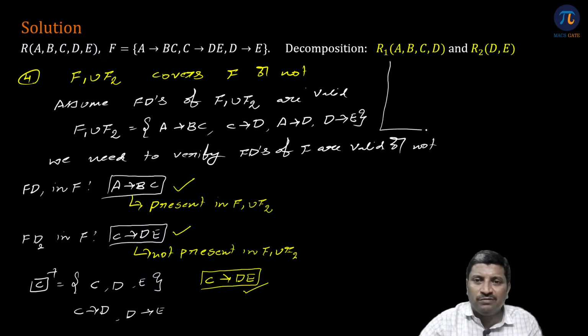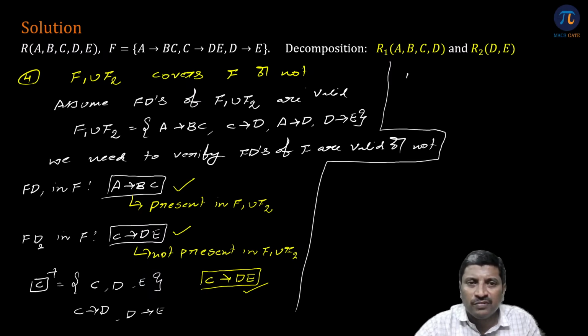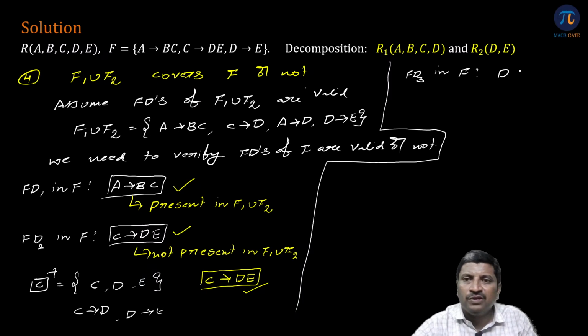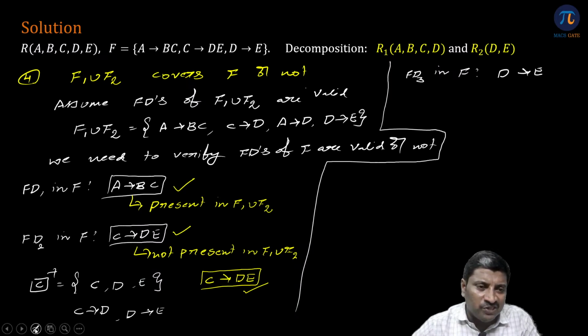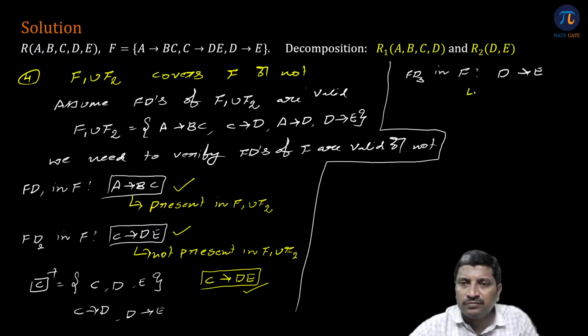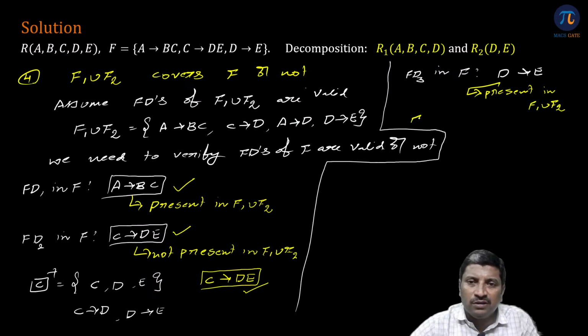What about the third one, sir? FD3 in F. What is it? D implies E. It is directly present in union, sir. So all were implied.